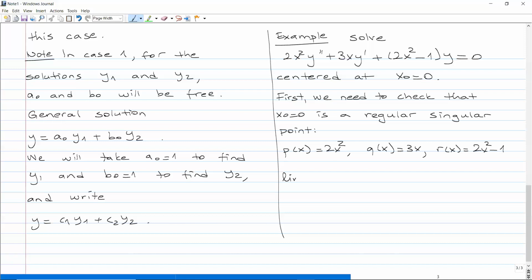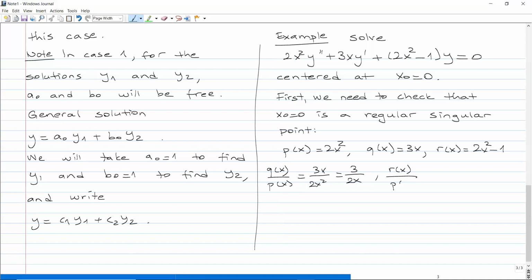So I need to check, first of all, is it singular? q over p is 3x over 2x squared, so 3 over 2x, not defined at 0. And r over p is (2x squared minus 1) over 2x squared, not defined at 0. So it is a singular point.